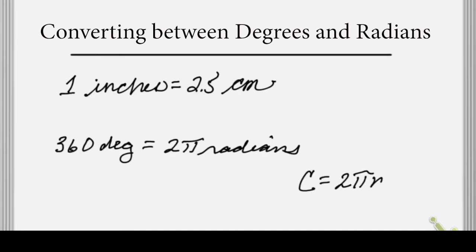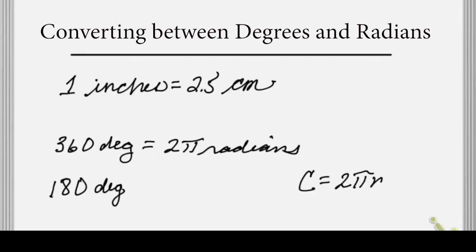And here we have this idea that 2 pi radians is equivalent to 360 degrees, which I know as a whole circle. So this should be a relationship that's not too difficult to commit to memory or to understand if we were to go into why the units relate the way they do.